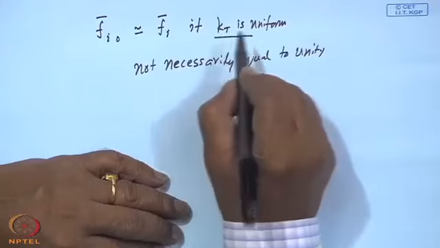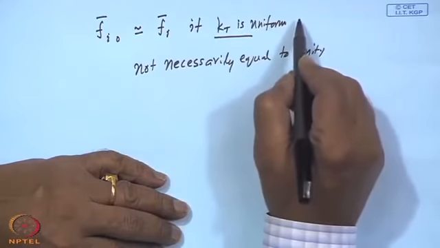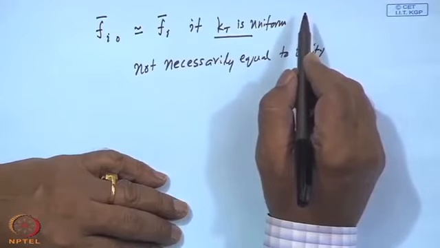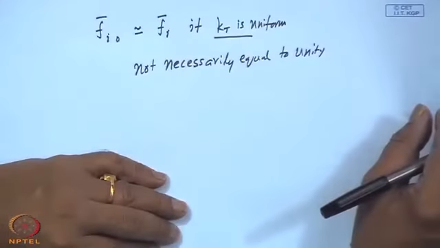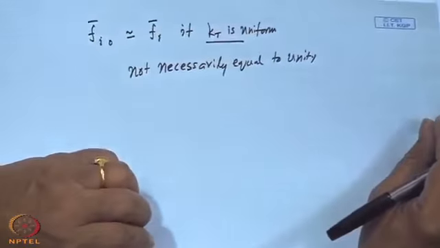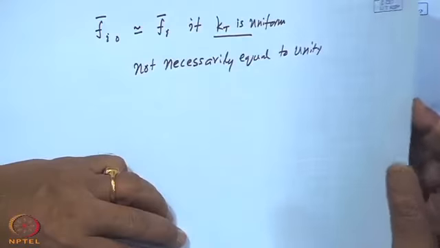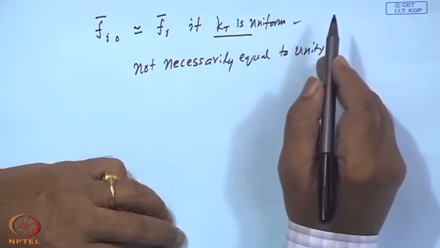The other way around, the extraterrestrial assumption is good enough for the terrestrial conditions also, and we found that K T need not necessarily be equal to unity, but if it is uniform, it will be quite acceptable, and it will be exactly equal to the calculations we made under extraterrestrial conditions. And K T is more or less uniform when the solar radiation is high, in general let us say 10 to 2 p.m. Consequently, this will be acceptable as a good approximation.